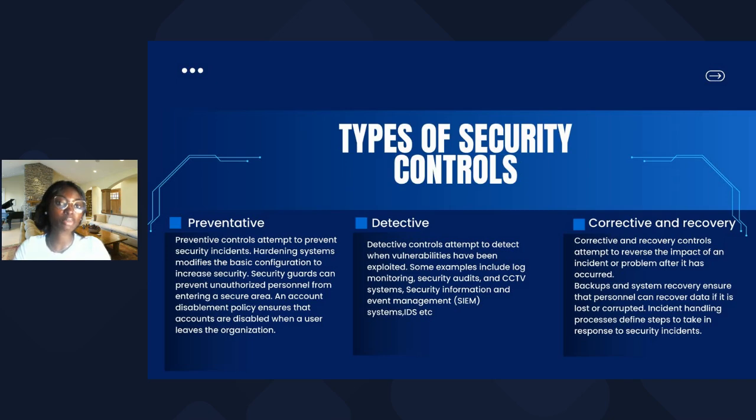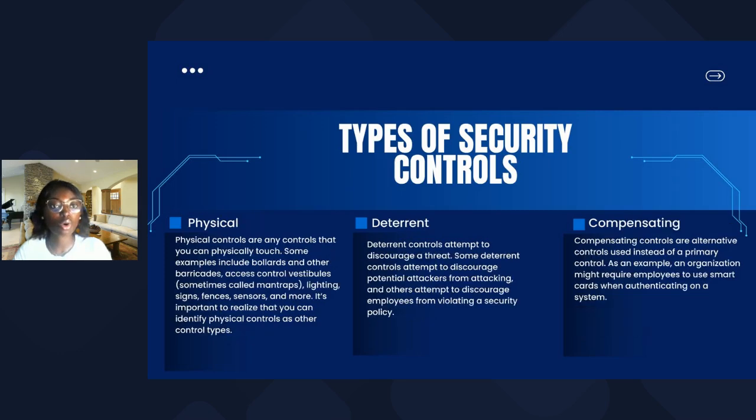The types are like step by step. They are like, what do we need to put in place in terms of security controls, right? These are more specific. They are not broad like the categories. So other types of security controls, we have preventive, detective, corrective, and recovery.